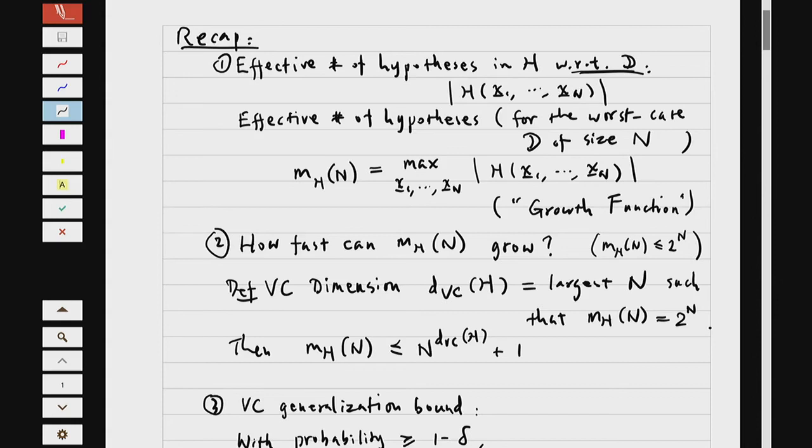Given n data points, the maximum number of binary vectors is 2 to the nth power, no matter how many hypotheses you have. You can have infinitely many hypotheses, but at most you can generate 2 to the nth power binary vectors. So the effective number of hypotheses is upper bounded by 2 to the nth power.